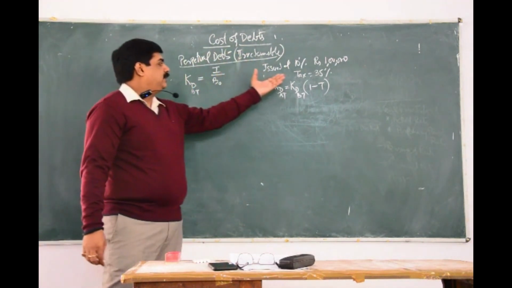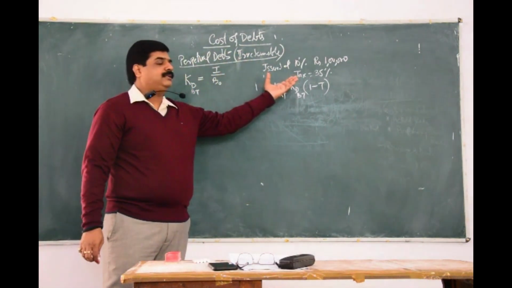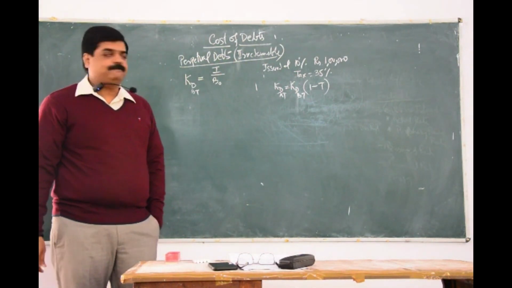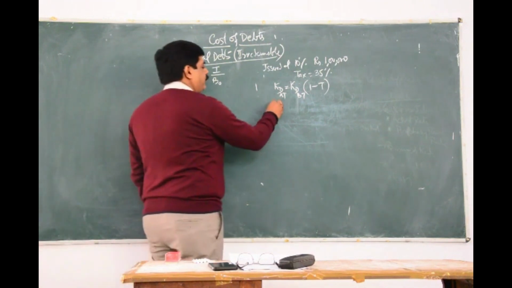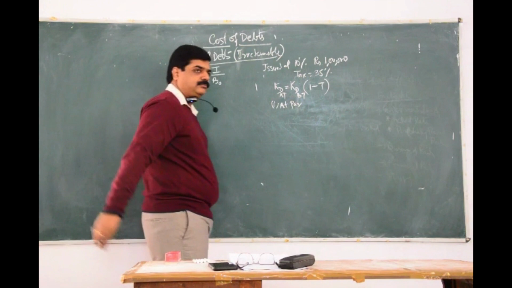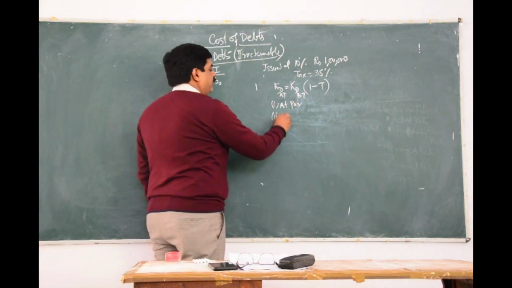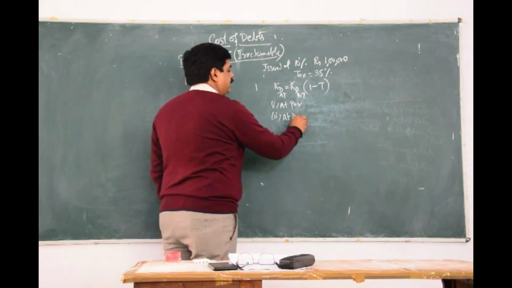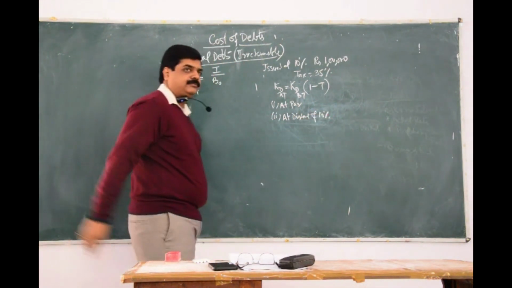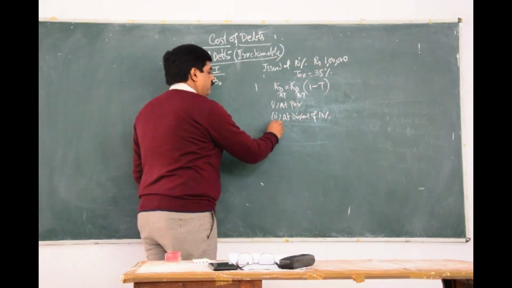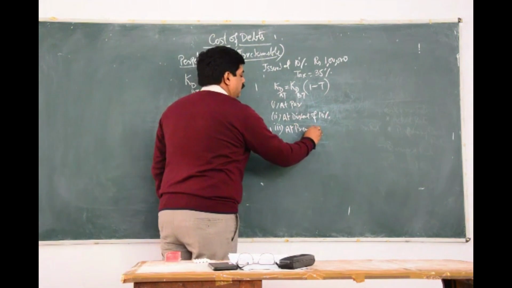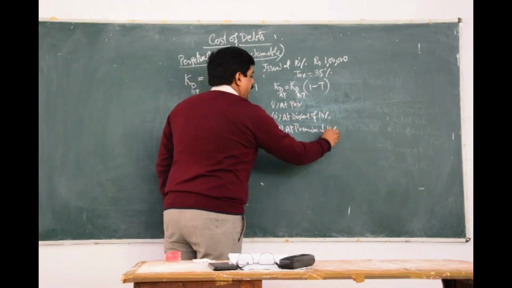The example we are trying to take up: the debt is issued at 10% and the debenture or bond amount is rupees 1 lakh. Suppose we have to take up three cases: when this debt is issued at par, when it is issued at a discount of 10%, or when it is issued at a premium of 10%.